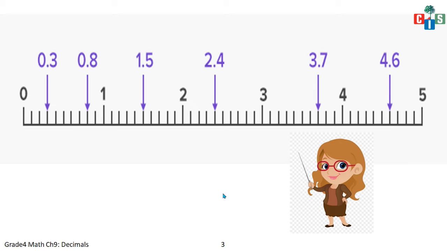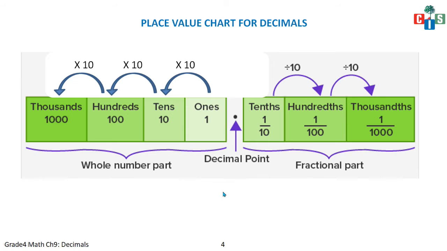The next topic we are going to cover is representing the number on the abacus. But for that you have to learn the place value chart for decimals. Now I am pretty much sure that you know the place value chart very thoroughly. What does it have? Yes, it has ones, tens, hundreds and thousands. This you know.